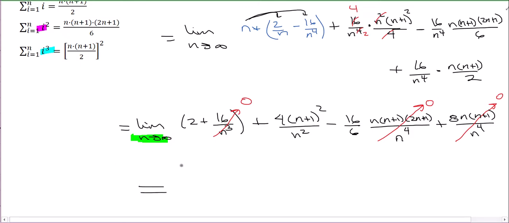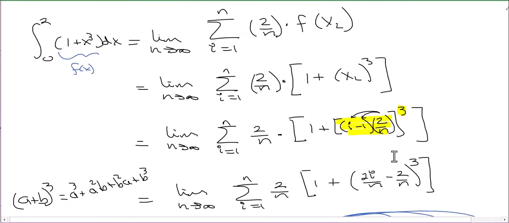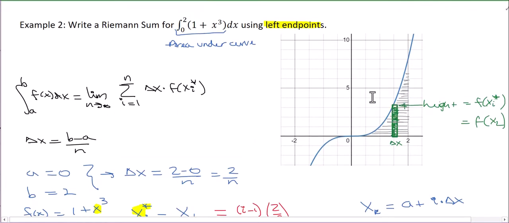So this is just going to equal 2 plus that 0 plus this one. Powers are the same. So as n goes to infinity, that's just going to be 4. And then all the other ones are 0. So I get 6. So that should be the area under the curve y equals 1 plus x cubed.